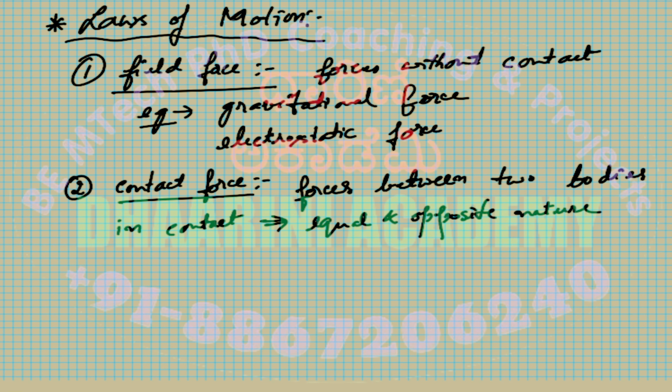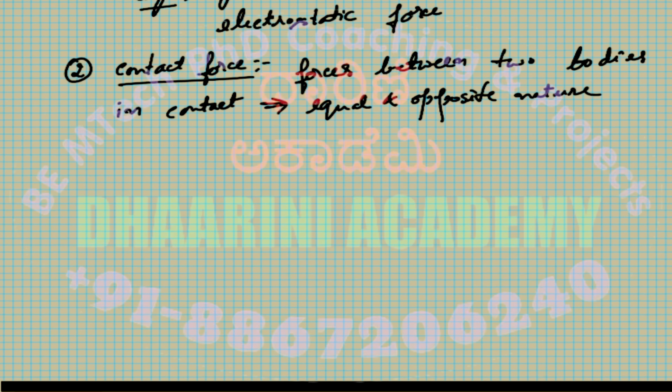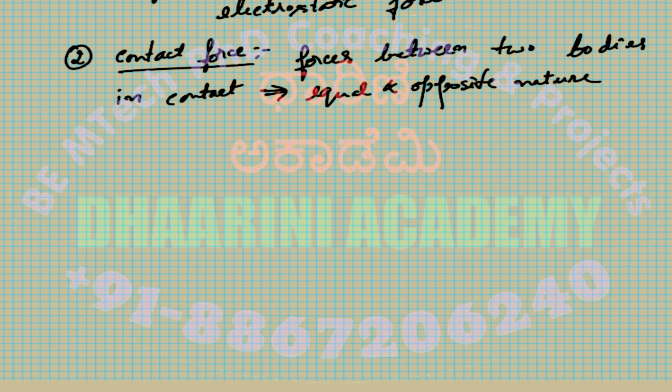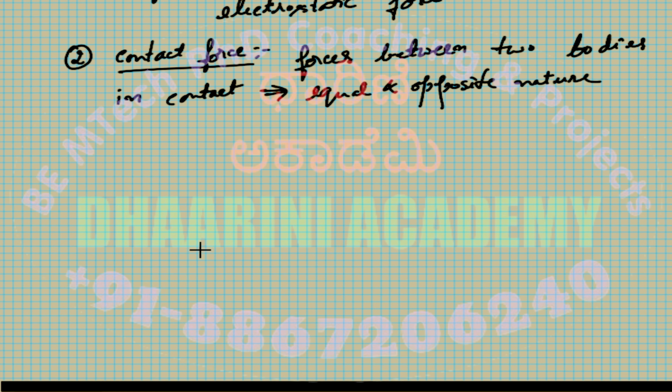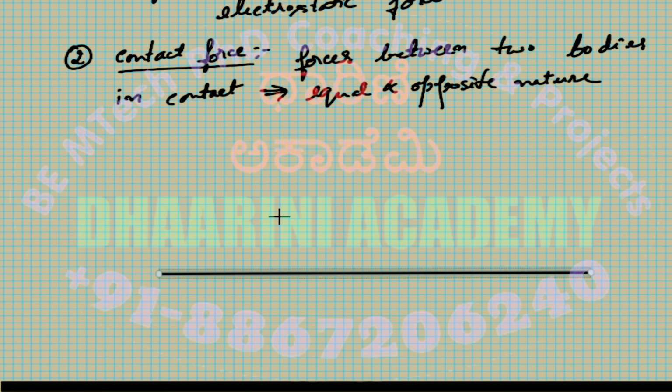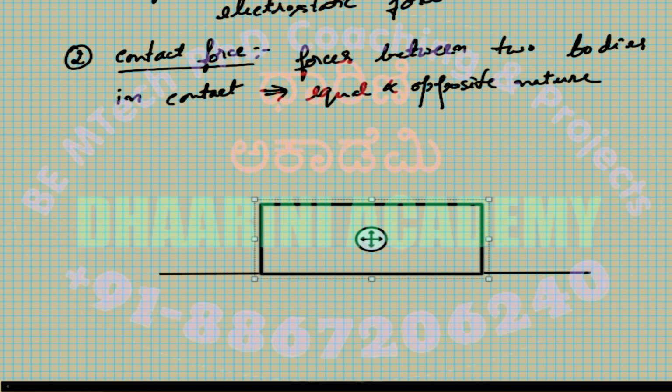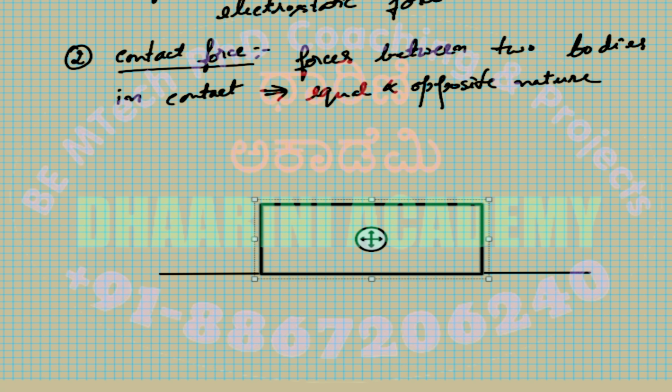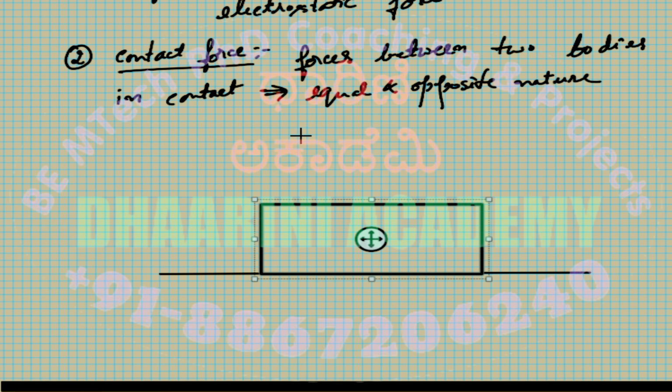The most common type of contact force is called friction. Let's try to define friction now with an example. Say this is some surface on which we have placed a body, and on this body I'm placing another body.